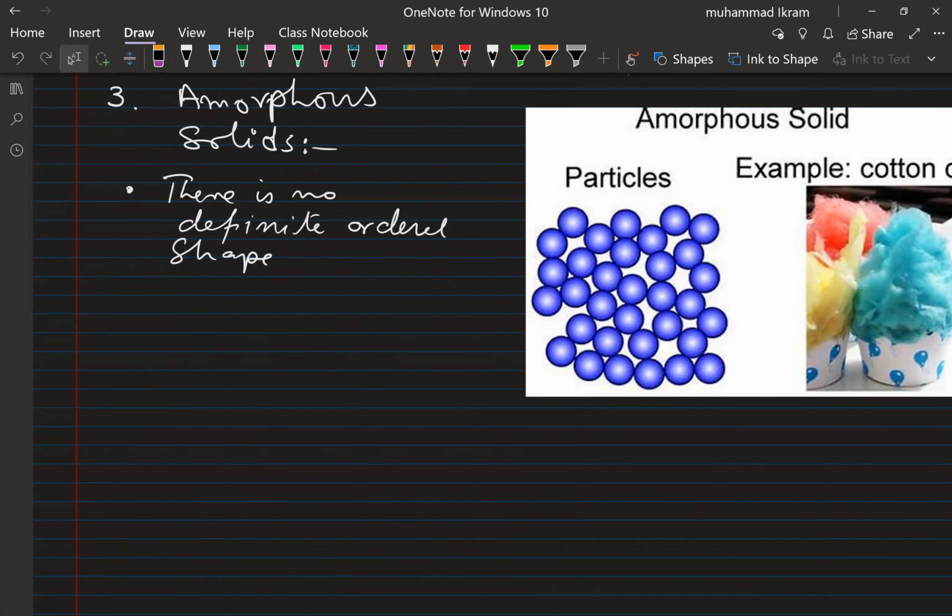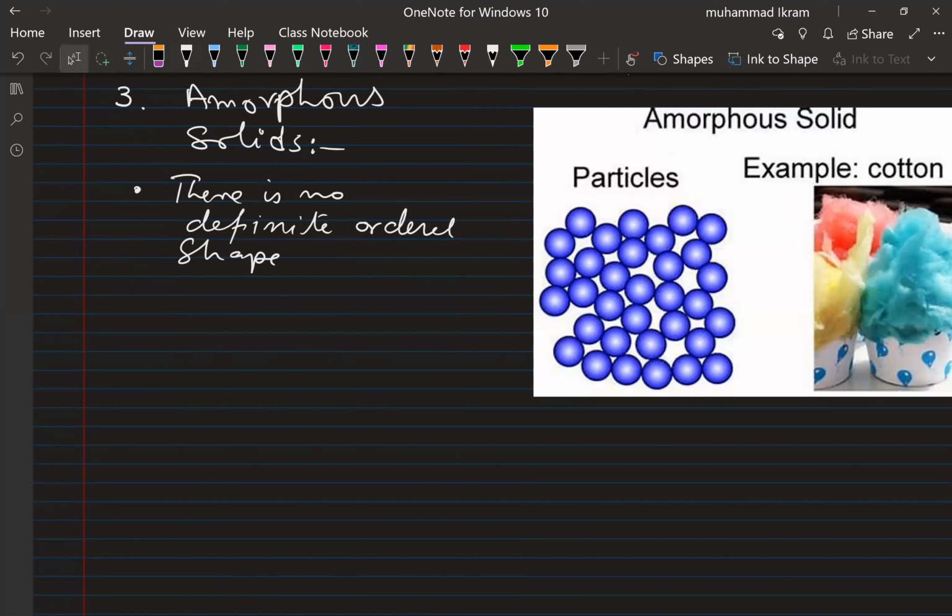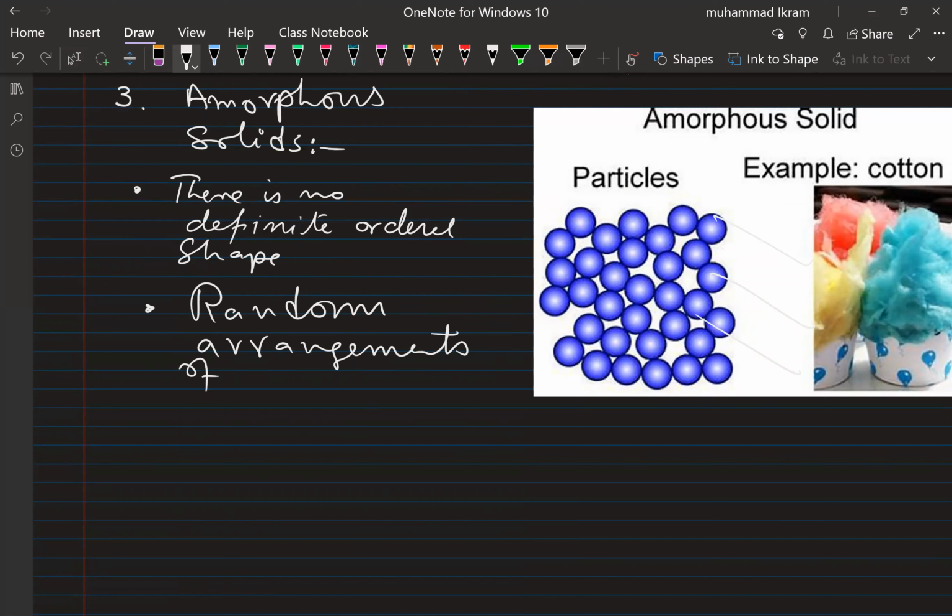The atoms, ions, or molecules do not form definite patterns or lattice structure. This is the example of cotton candy for the amorphous solid. In the amorphous solid, the arrangement of atoms is random, a random arrangement of molecules or atoms in the given substance.